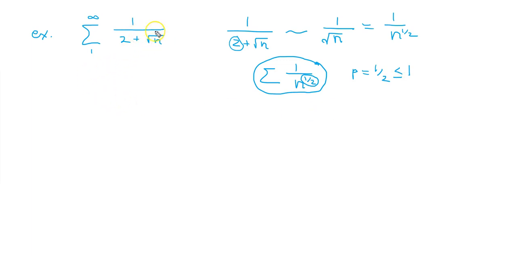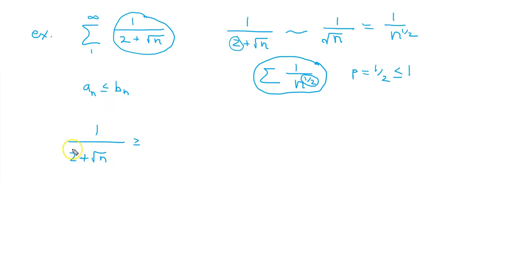So we have to think of these then as being the bn terms. So we want to try to find some an's that are a little smaller than the bn terms. Okay, so we want to start out with 1 over 2 plus root n, and we want to try to make this a little bit smaller, so we're going to try to recover the an terms.